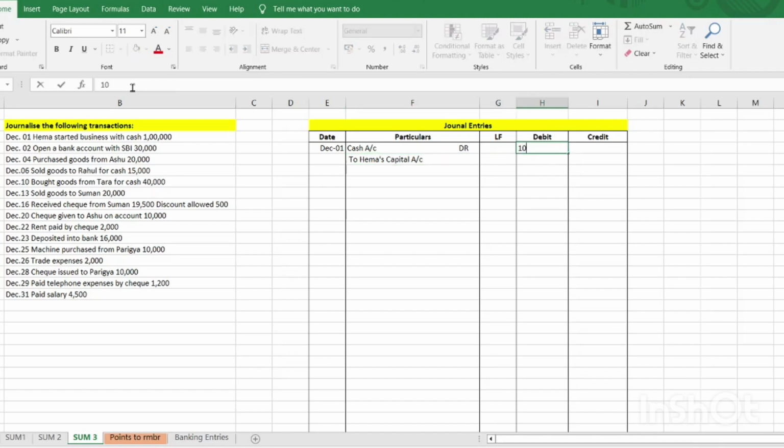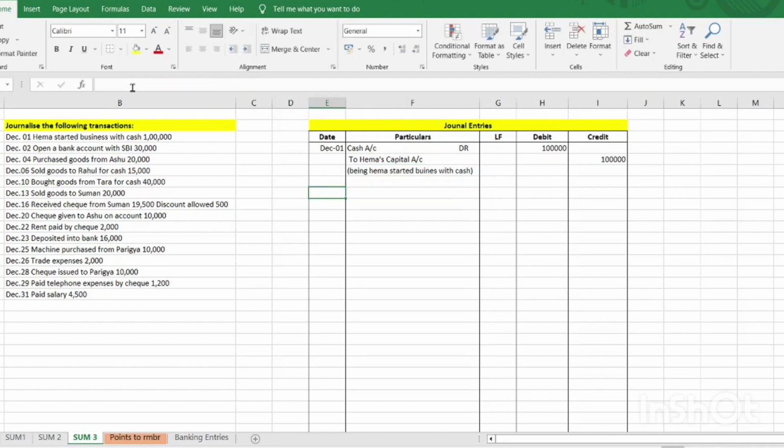It's rupees 1 lakh. Write the narration for the same: being Hema started business with cash.